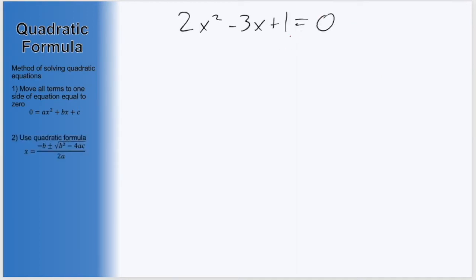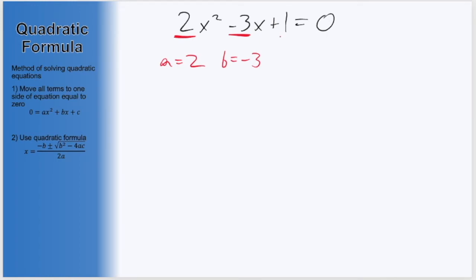Let's return to our example in order to practice using the formula. Once we got everything to one side equaling 0, this is what we had. Let's pick out our a as the coefficient of the x squared, which is 2. The coefficient of the x term is actually negative 3, because we typically define the b when there's a plus in front of the x.